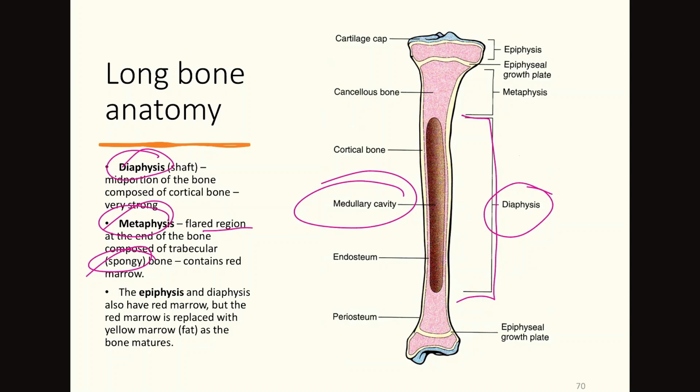So here's your metaphysis up here towards the top. It has cancellous bone. That's going to become important when we talk about different types of diseases because it changes the type of bone. And the epiphysis also has red marrow, but it's replaced by fat marrow later on as that bone matures. So the epiphysis is at the very top.